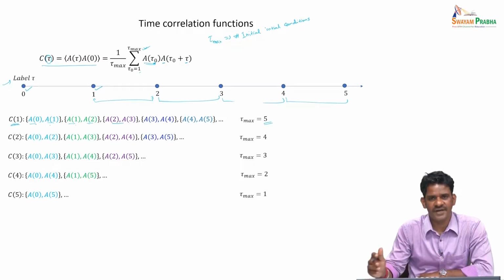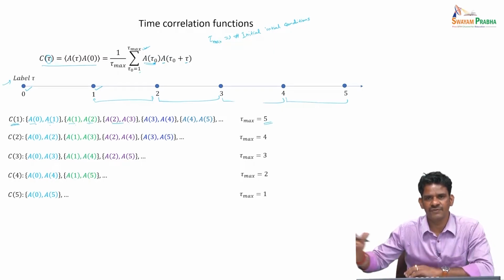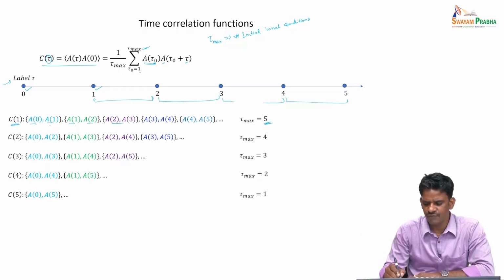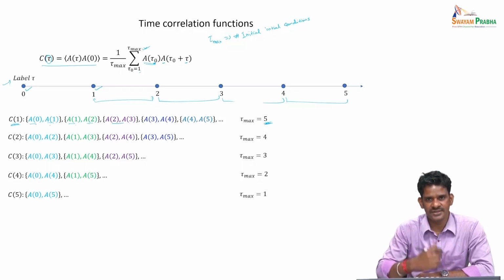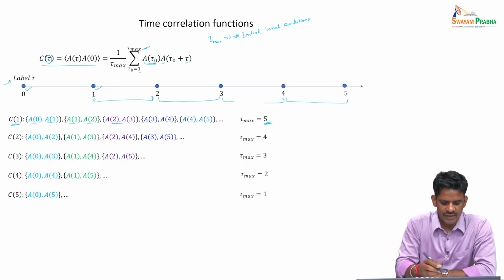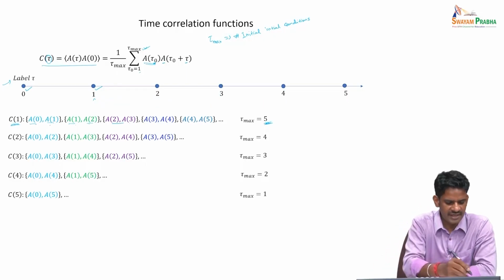Here we are taking some finite set, but the actual data set would be very long, so you'll have a very large tau max, of the order of thousands. Now let's get to the second possibility: the correlation function with a delay time of 2 tau.